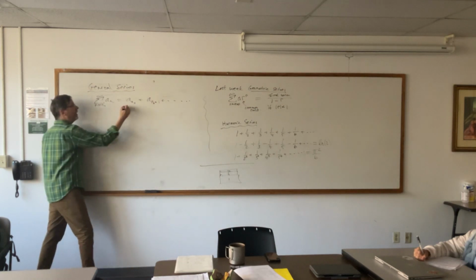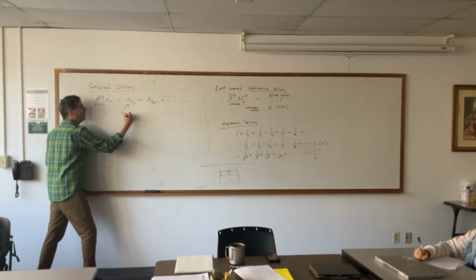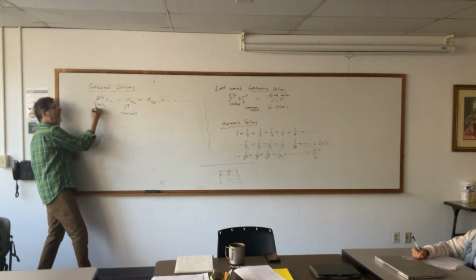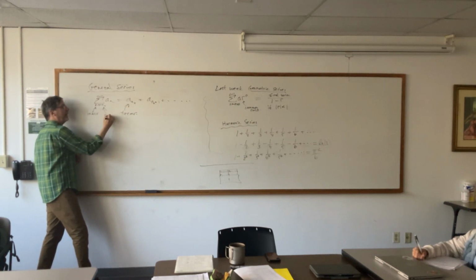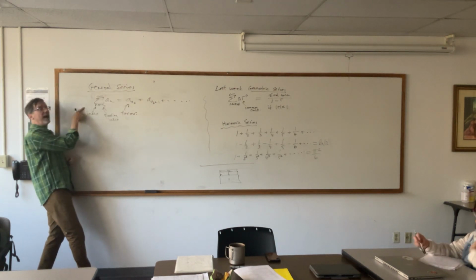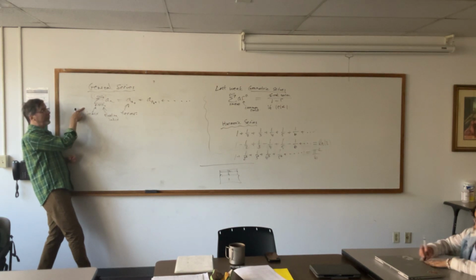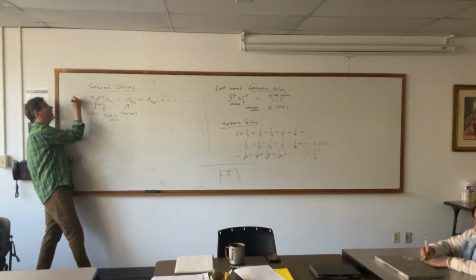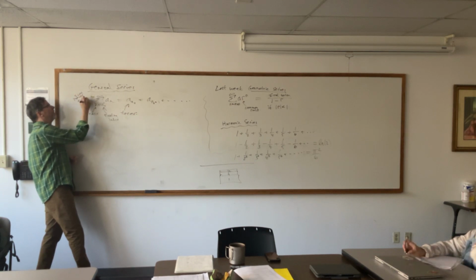That's an infinite sum. These are called the terms. This n is called the index. This is the starting index. And for us, this is always going to be our final index. We're always just going to assume things keep on going forever, so the sum never ends.